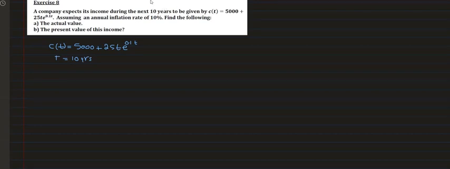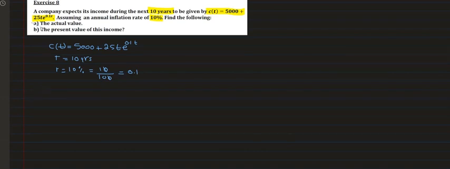It was given here, and then this is the income function. And then we have the inflation rate, which is 10%. So the rate is equal to 10%, where we will prepare to use it as a value, and it becomes 0.1. For the following, find the actual value.